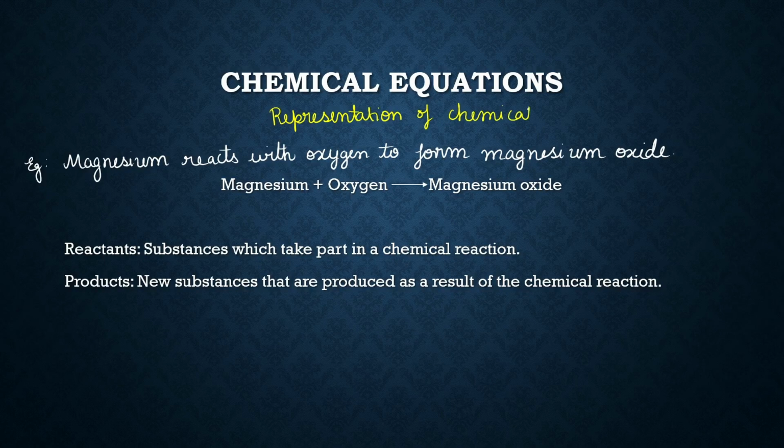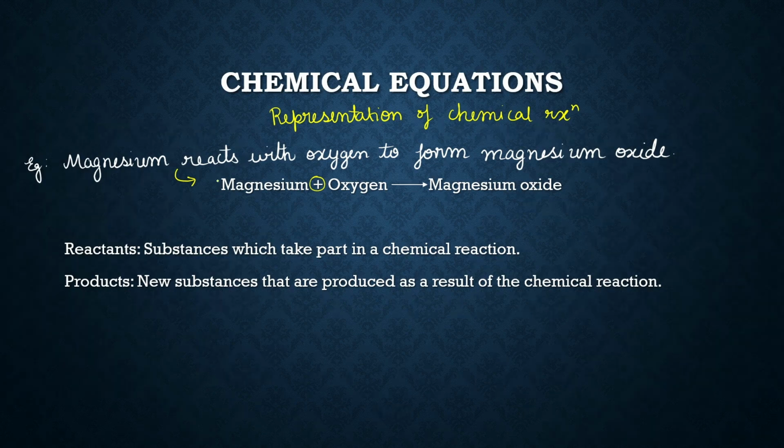Let us consider an example. Magnesium reacts with oxygen to form magnesium oxide. Instead of writing this whole sentence, I can just write it in this form, where on the reactant side we use a plus symbol, and on the product side, if you get more than one product, we also write them using a plus symbol.